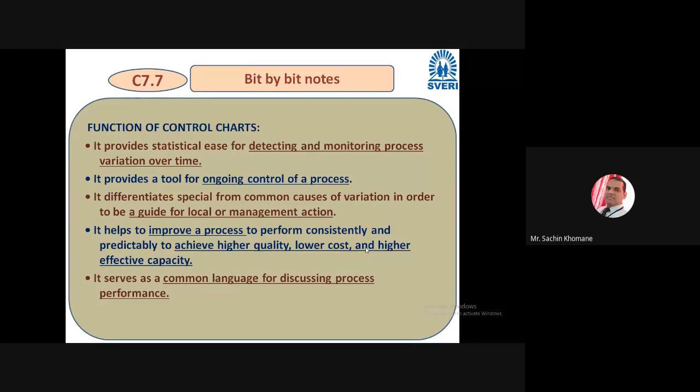The next one is, it provides a tool for ongoing control of a process, especially for ongoing processes. For an ongoing process, I always like to give the example of a chemical reactor. In a chemical reactor, chemical reactions go on for maybe 1 hour, 2 hours. You are adding certain reagents, certain chemicals, and mixing is going on. I think most of you know.